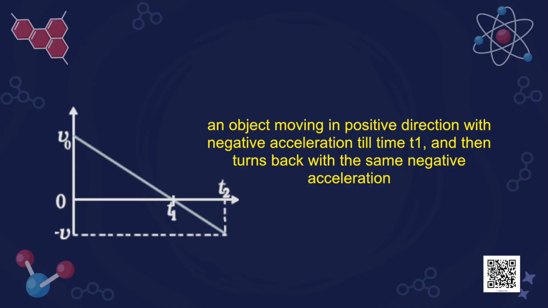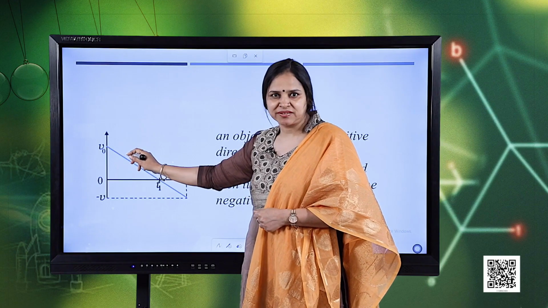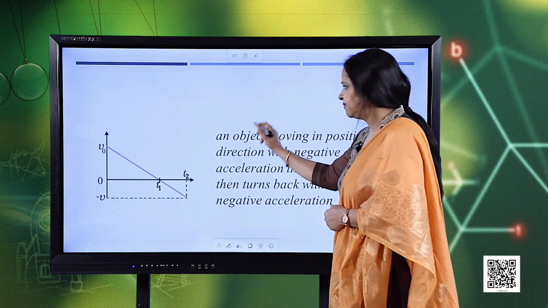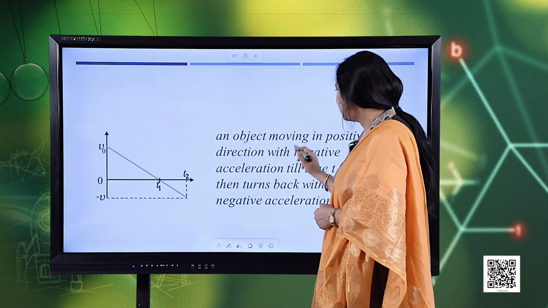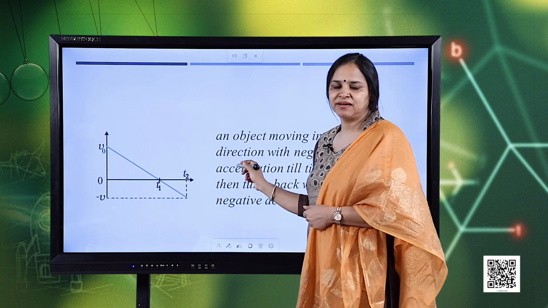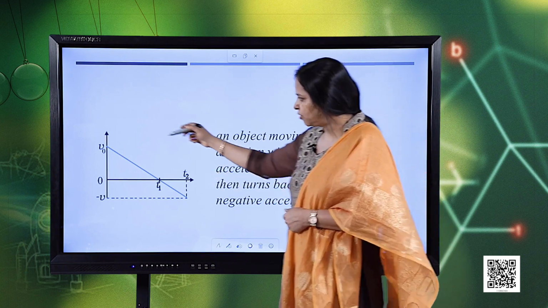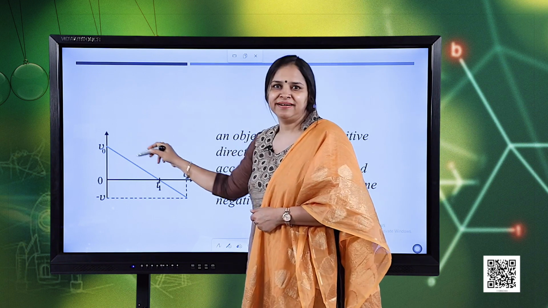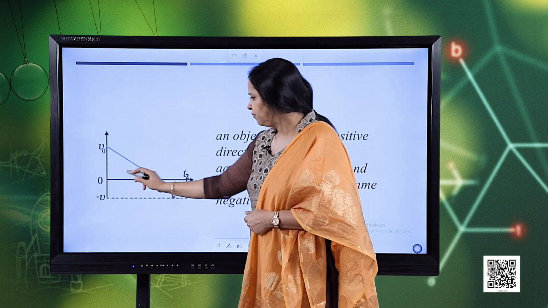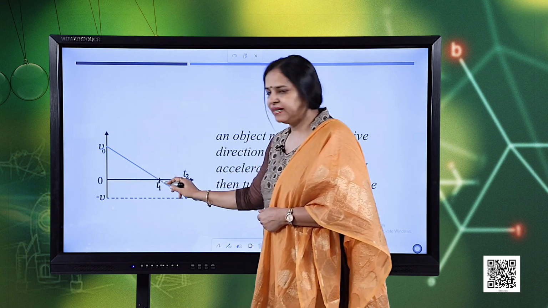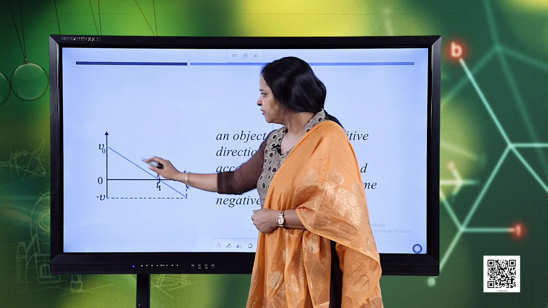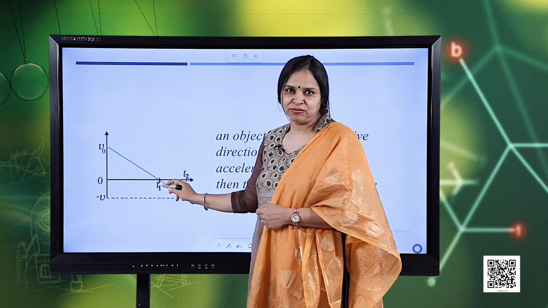Now, look at another situation, another VT graph where the initial velocity is towards the positive. It is the motion of an object which is moving in the positive direction with negative acceleration. Why negative acceleration? Because we see that the slope is negative. Also, if we look at the time interval between 0 to t1, when the time is t1, the velocity reaches 0.